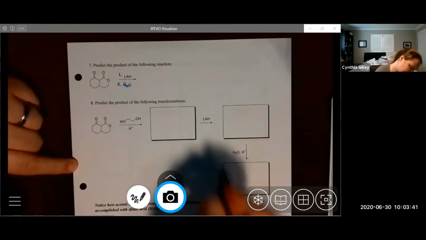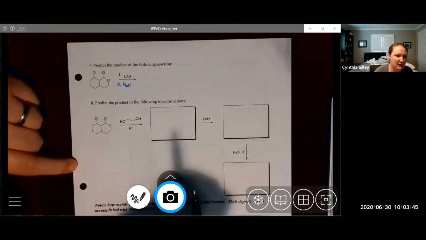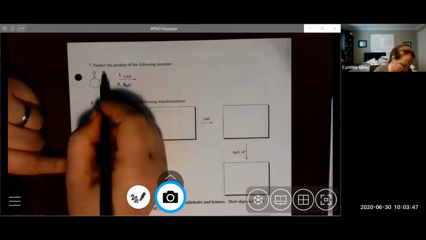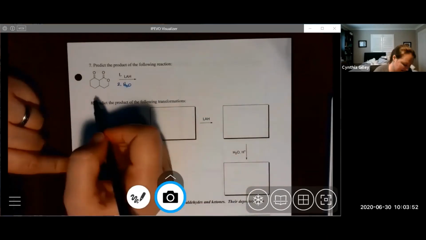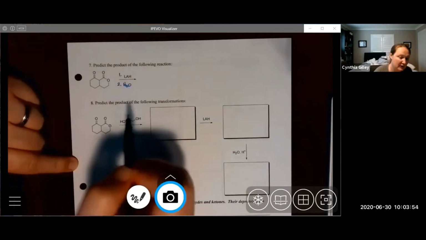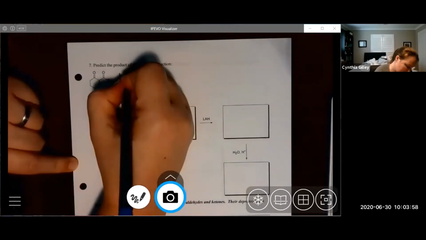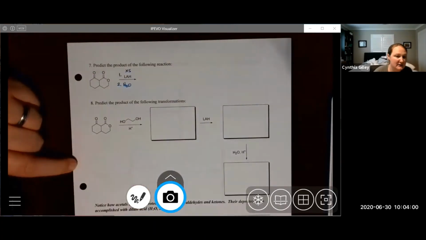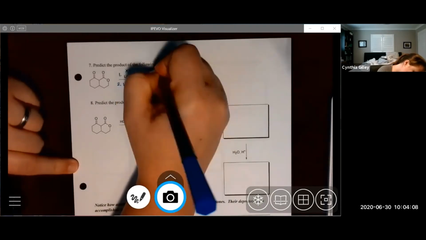Recall that a ketone will get reduced to a secondary alcohol with LAH, and an ester gets reduced. We kick this out as a leaving group to get an aldehyde, which gets further reduced. We also have to assume that there's probably excess LAH, because in order to do a full reaction, we need at least 3 hydrides.